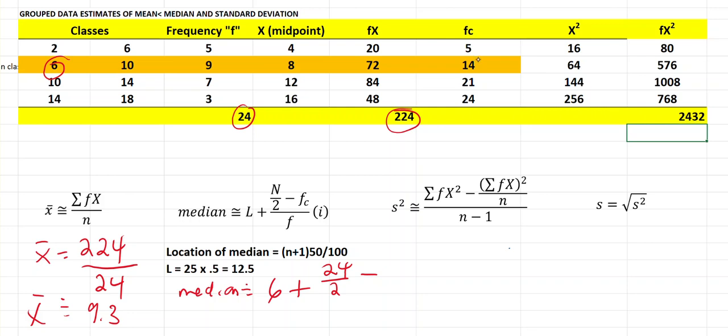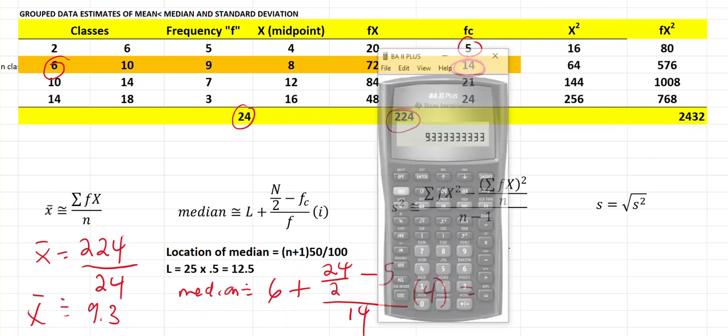So the cumulative frequency at the median class is 14, so we're going to exclude that, so it must be the previous one, which is 5. Divided by f, which is the frequency of the median class, and that's 14. And we multiply everything by i, which is the width of each class, so they're all the same, so 6 minus 2 is 4. And that will compute the median.